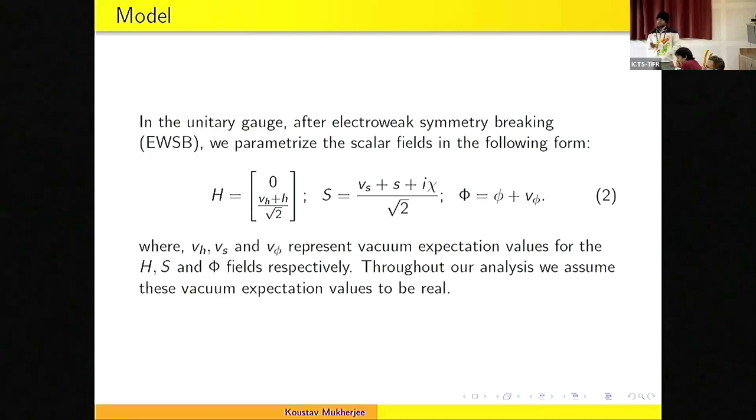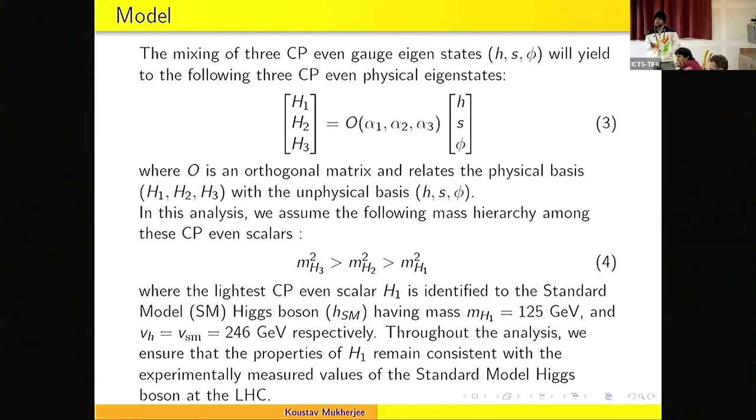So in the ordinary case, after the electroweak symmetry breaks, the scalar fields are parameterized in the following manner, given by equation 2, where vH, vS, and vphi, all three of them, are assumed to be real quantities. Now these CP even scalar fields mix with each other to form the three physical mass eigenstates H1, H2, H3.